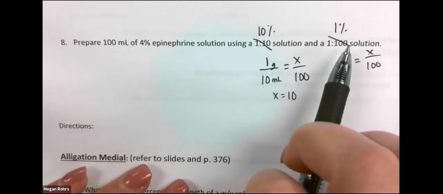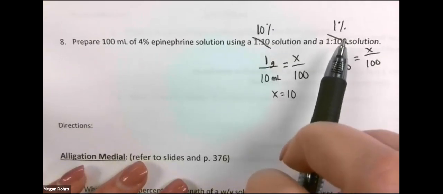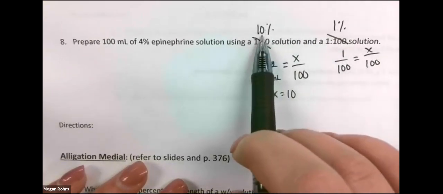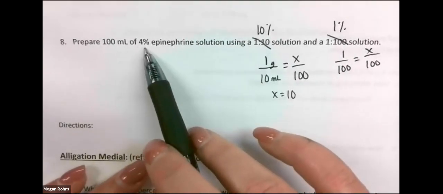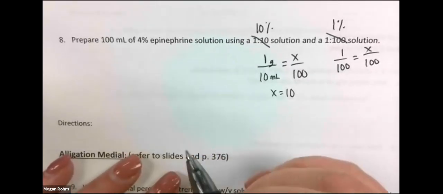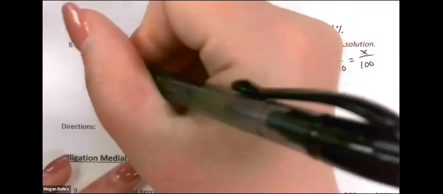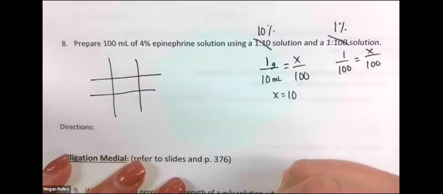So here's another example of alligation alternate, where we use that tic-tac-toe method because we're taking two percentages and we're trying to make one that is in the middle of those two. So let's go through this process again together. So start out with your tic-tac-toe board.